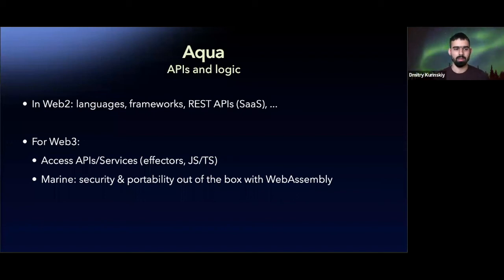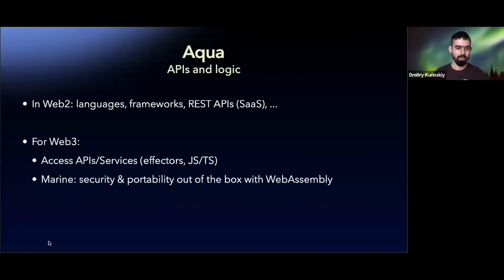But with Aqua and Marine, you can access APIs and services from Aqua, and you can bring existing code bases to this Web3 setup, which sometimes is very efficient and good. That's what we did with IPFS, for example. We brought the IPFS API or curl API to Aqua, and it can be reused in various scenarios with help of Marine, essentially.